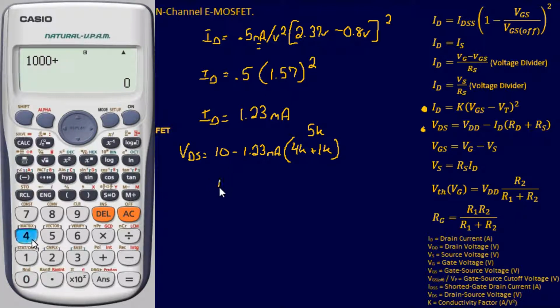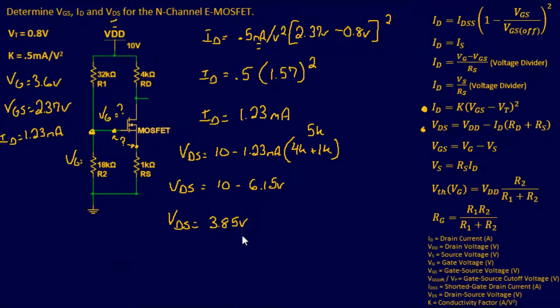And I can plug and chug that in the calculator. It's going to give me 5K times 1.23 milliamps, 6.15 volts. And then just subtracting 10 minus 6.15 volts is going to give us a drain source voltage of 3.85 volts.